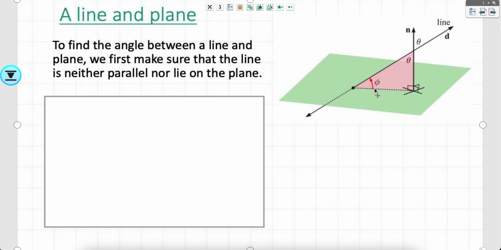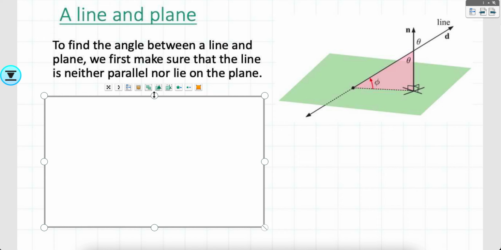So looking here, I can see that I can find this angle. Well, if I take what we did similarly, which is the direction vector and the normal, it will give me this angle, which if I consider this as a right angle triangle, this is vertically opposite, so this is also theta.